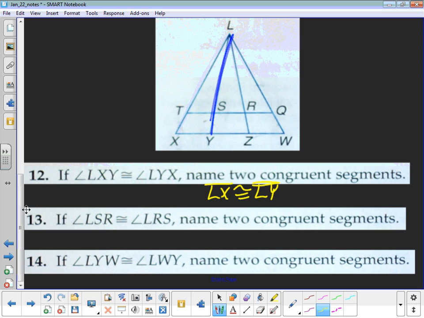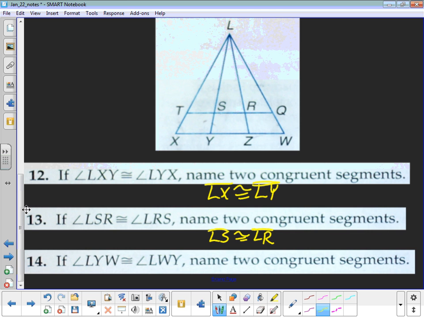Now 13 says angle LSR, this angle right here, is congruent to angle LRS, this one right here. Since this angle and this angle are congruent, it must mean that side LS is congruent to side LR.